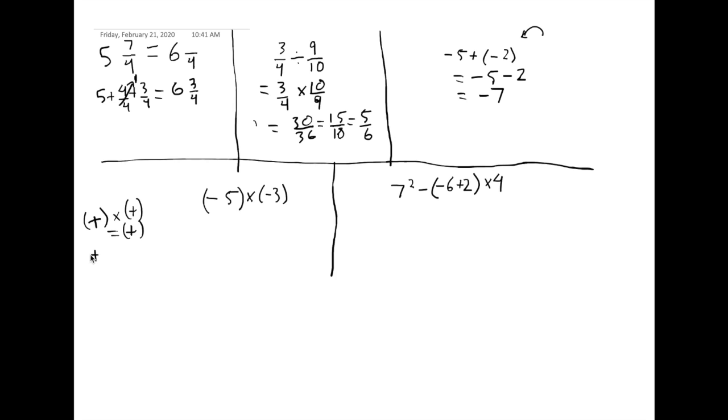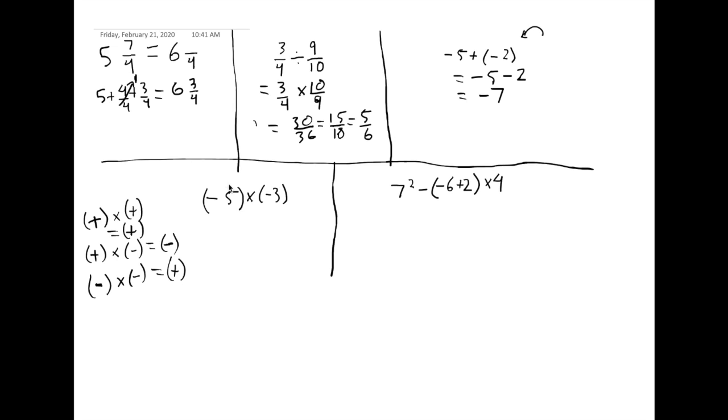A positive times a negative, as we just said, is equal to a negative. And vice versa, a negative times a positive is equal to a negative. Finally, a negative times a negative is equal to a positive.